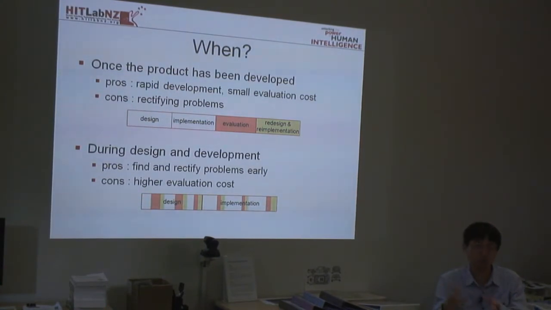If you do it this way, the course might be a bit rapid, since we are not waiting for the evaluation of interim products, and since we are doing the evaluation at the very last stage, the cost might be less for evaluation.